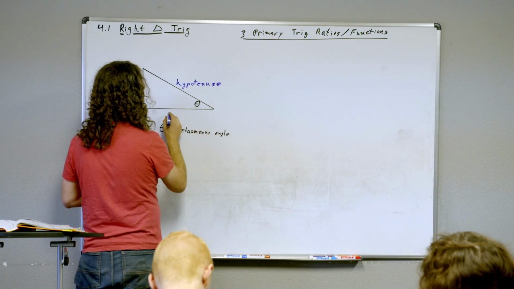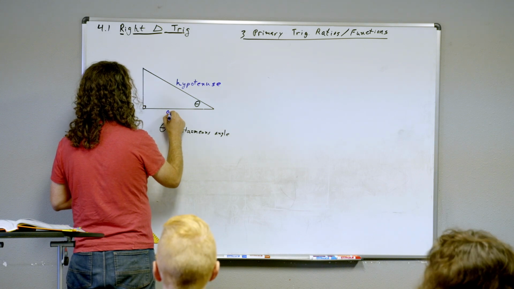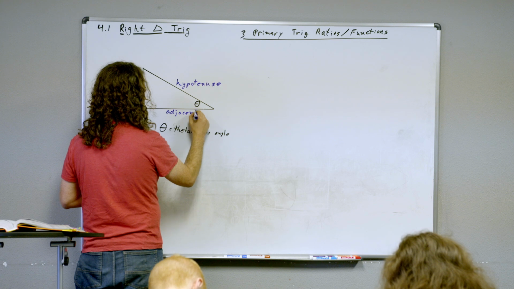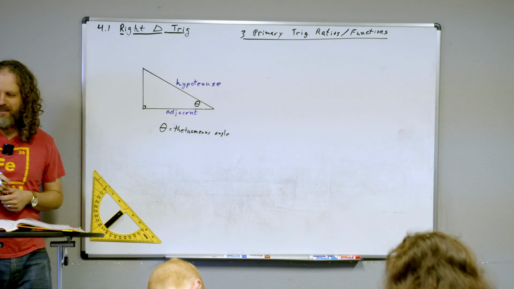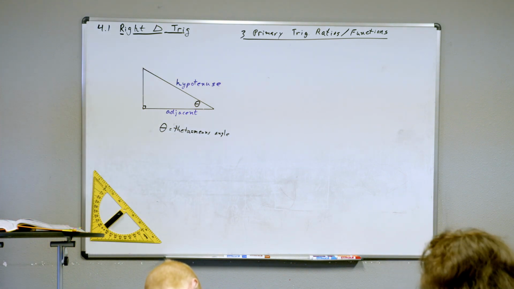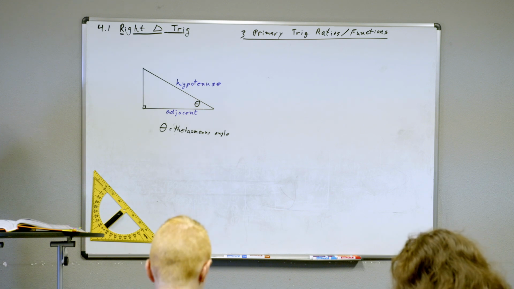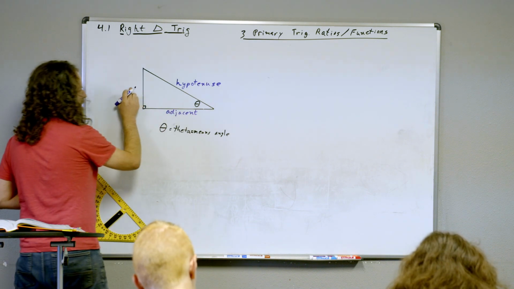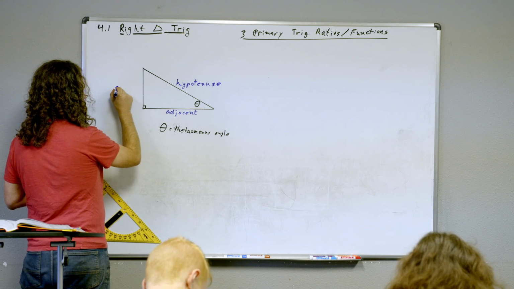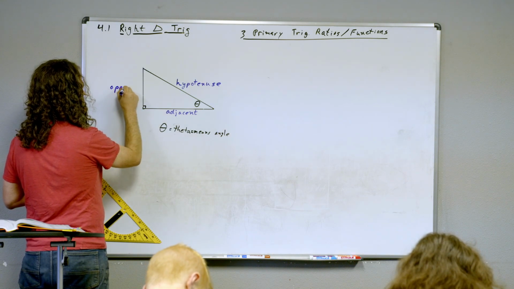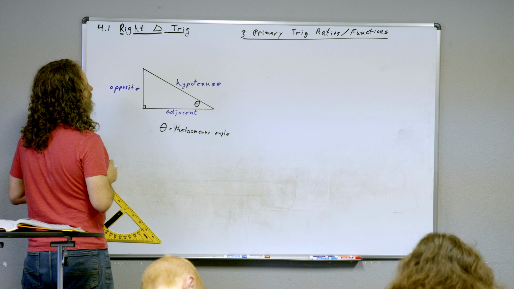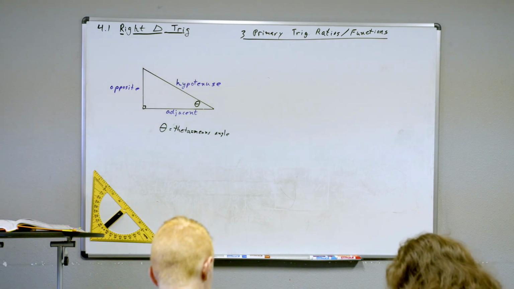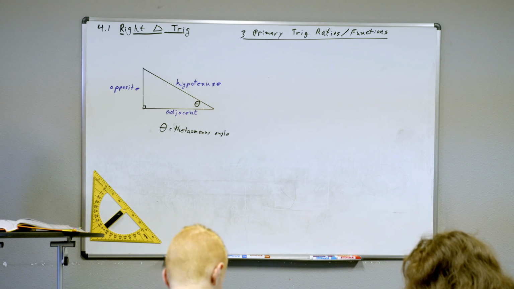So it is not the adjacent. Adjacent makes sense. What does the word adjacent mean? Next to. So easy peasy. Then the one opposite the angle is called the opposite. Nothing too earth-shattering so far, right? No big deal.